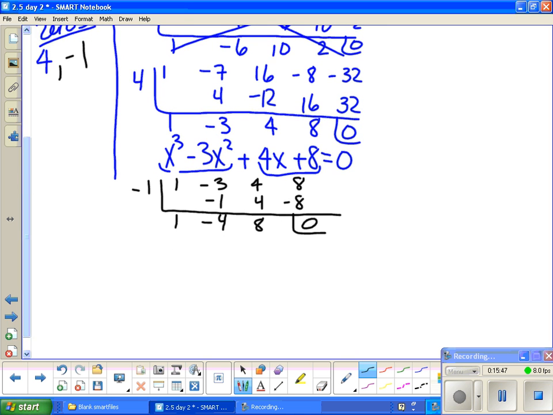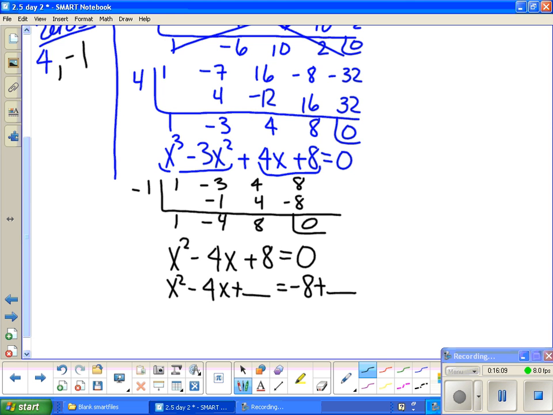Now I'm left with x squared minus 4x plus 8 equals 0. That is not factorable. Okay, since that's not factorable and my middle term is even, I'm going to go ahead and complete the square. Negative 4 divided by 2 is 2. 2 squared, 4.